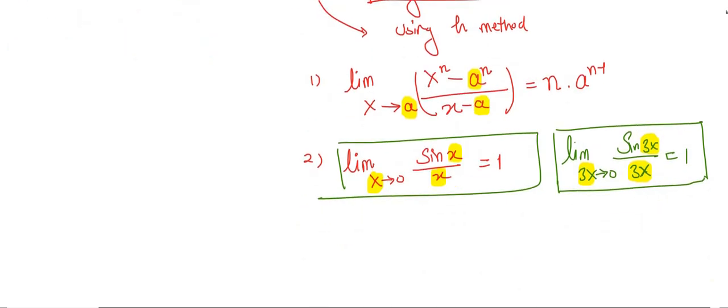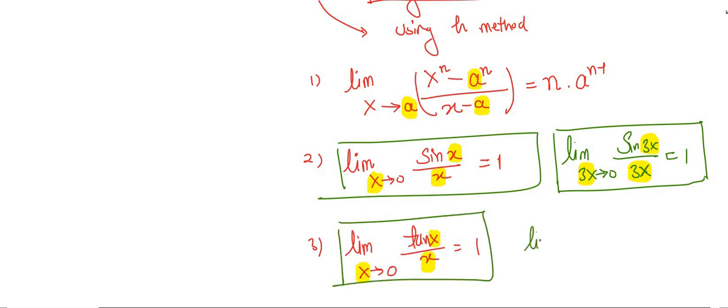Third formula is, write down, limit x going to 0, tan x by x. This is also 1. In this also same condition, this x and this x should match. Let me tell you how.